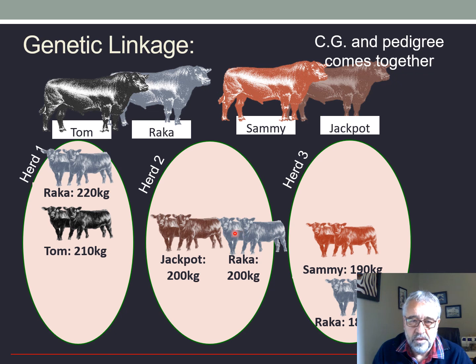And when Raka was compared to Tom, Raka was superior to Tom. So in terms of ranking these bulls, the most superior bull is actually Sammy. Although Sammy's progeny weighed less than the progeny of Raka in this instance, when he was compared to Raka, he outdid Raka by 10 kilograms.